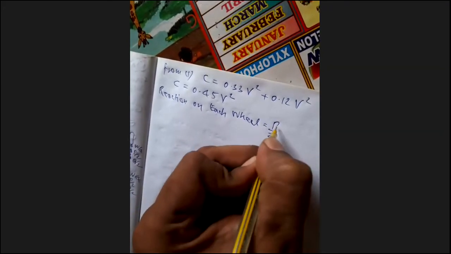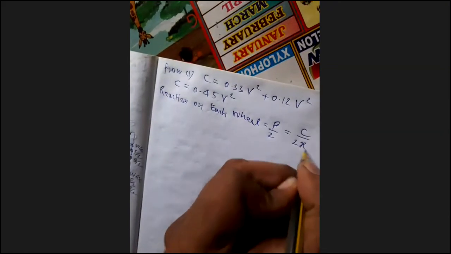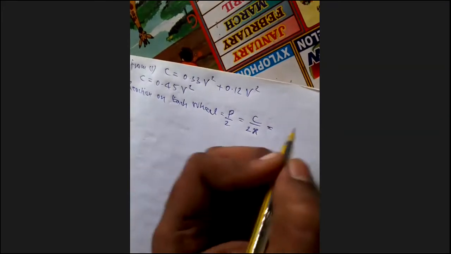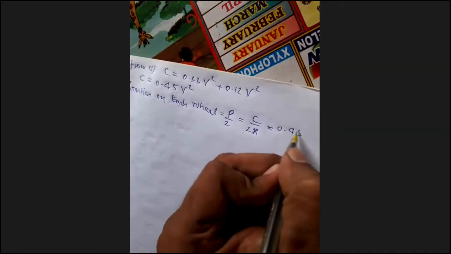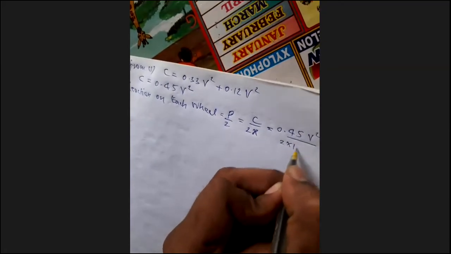P by 2 is equal to C by 2x. This we have done in derivation. So it is equal to 0.45 V square divided by 2 into 1.5.